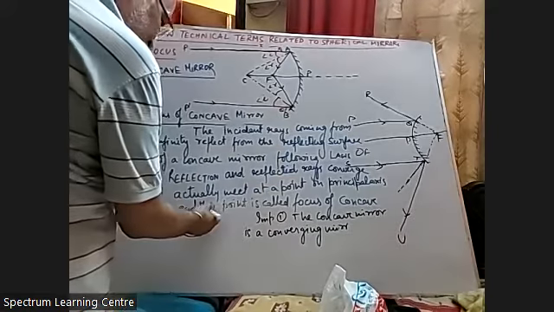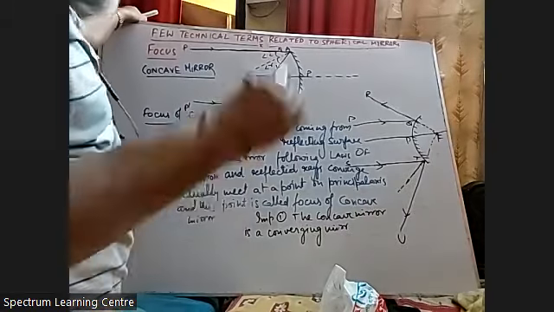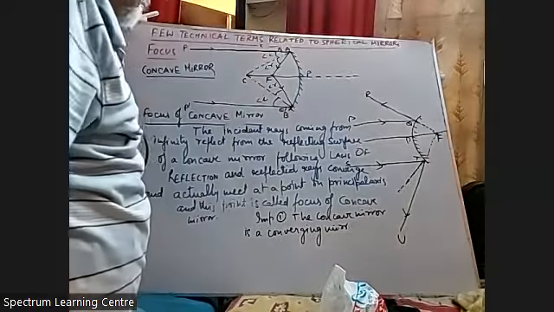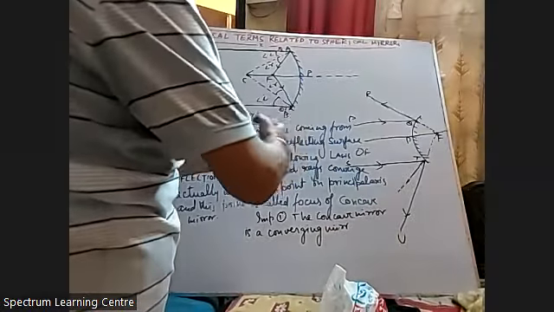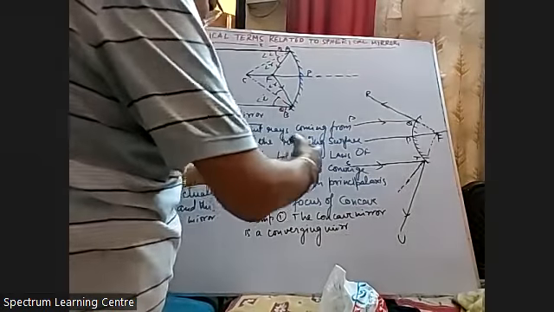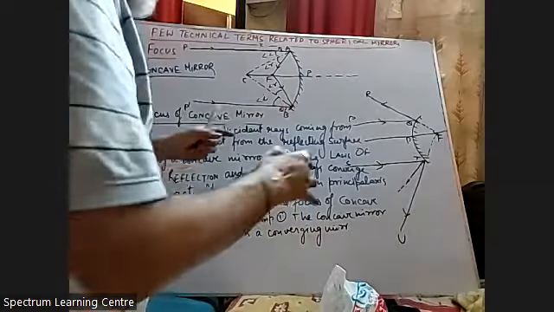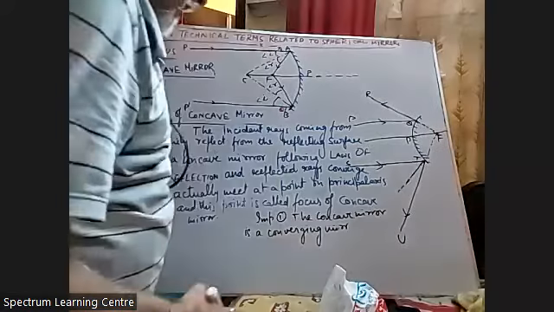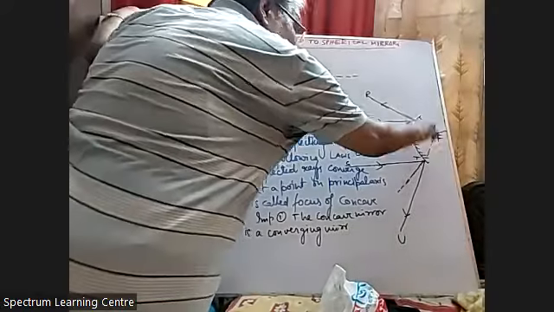And this point is called the focus of the concave mirror. Converging means meeting at a point or making closer. Yes, sir. And diverging means separating them away. So the concave mirror is a converging mirror and the convex mirror is a diverging mirror.